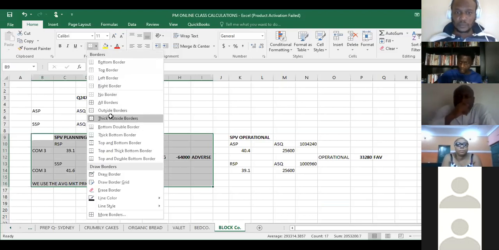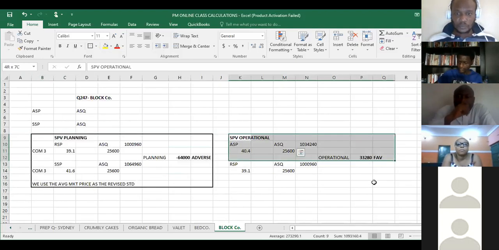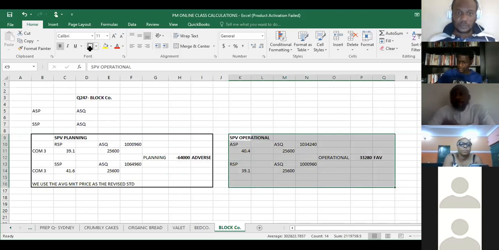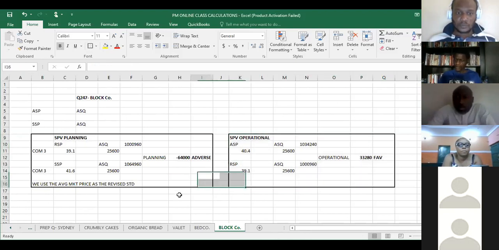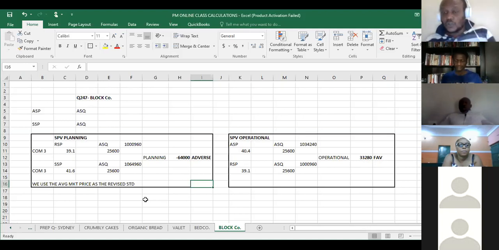I have one question. My question is, how do you know that the average market price is the revised standard? Because it's the average market price. The revised standard is what the standard should have been. If we have an average market price, that should give us what the standard should have been based on market information.